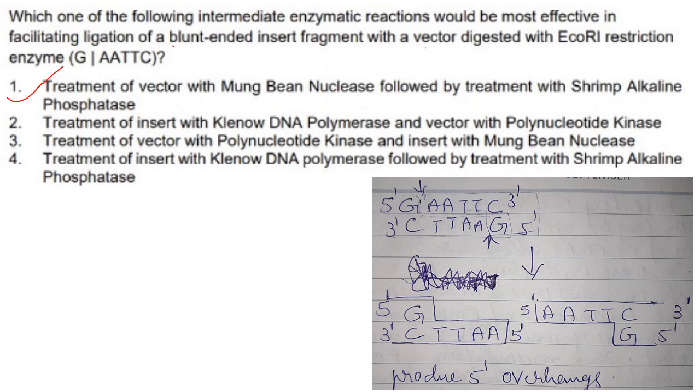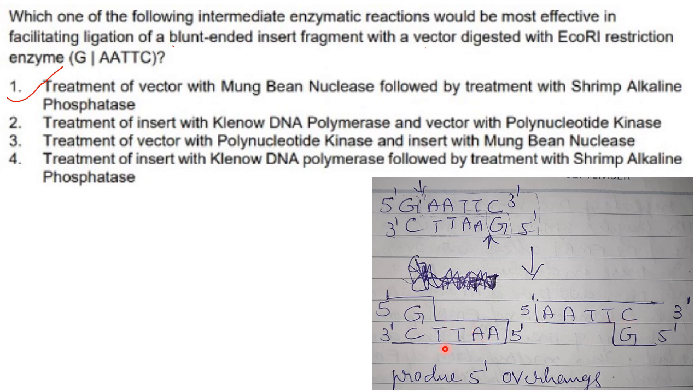So you have to find out which intermediate enzymatic reaction would be most effective in facilitating ligation of a blunt-ended insert fragment with a vector digested with EcoR1. You get two fragments like this upon digestion. So the insert is blunt ended, so it will not fit here, because EcoR1 produces 5 prime overhangs, it produces sticky ends.